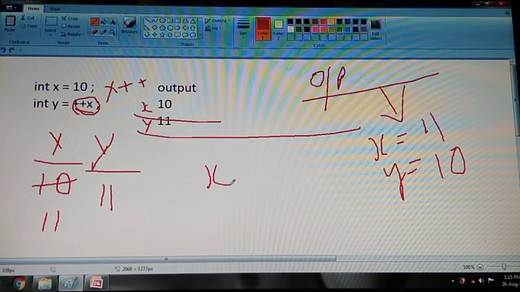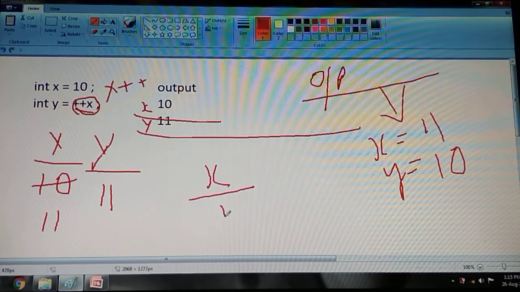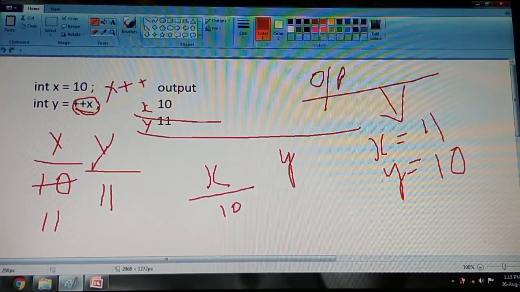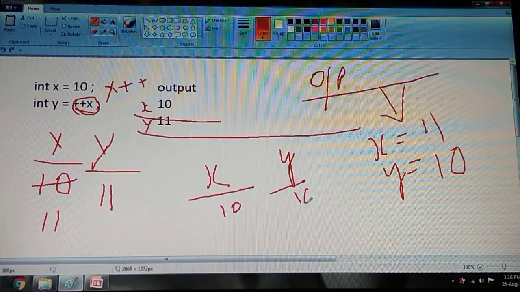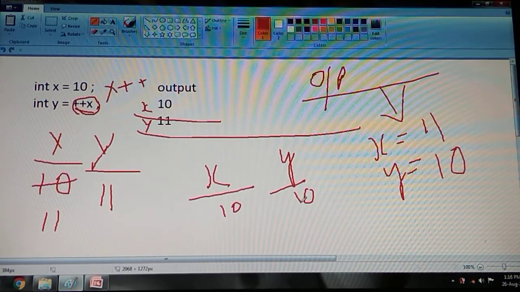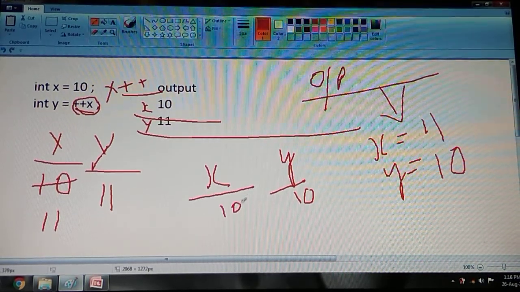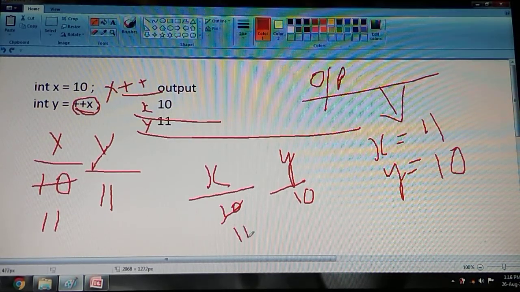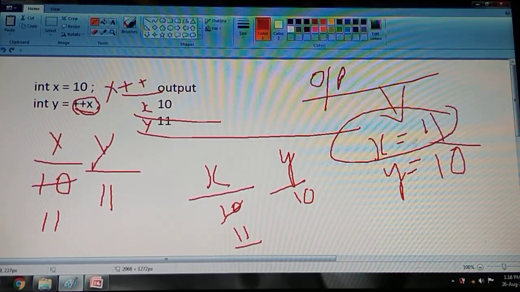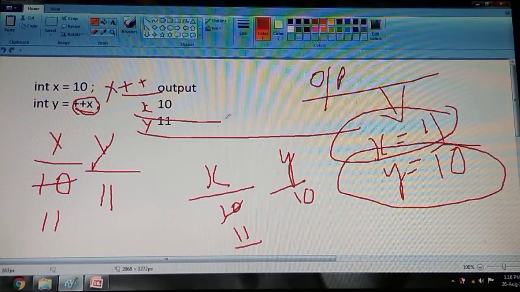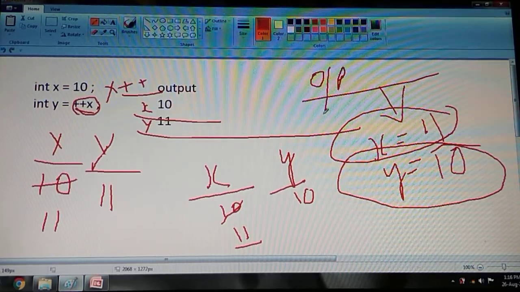Because first x is getting printed. x is 10, then y equals x plus plus, so first 10 will be printed, then it will be incremented and 10 will be cut down and 11 written. So x equals 11 and y equals 10 in this post increment operator.